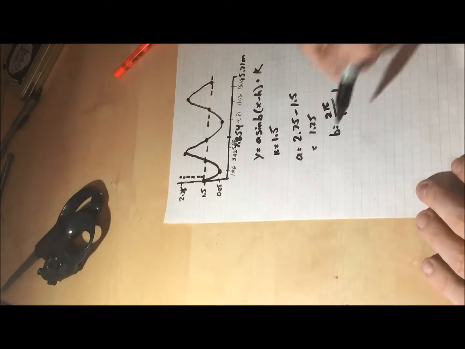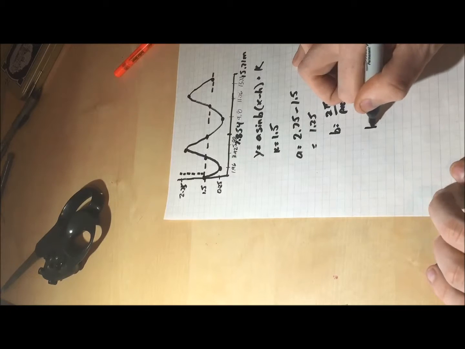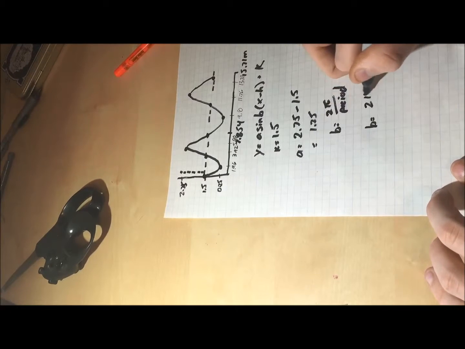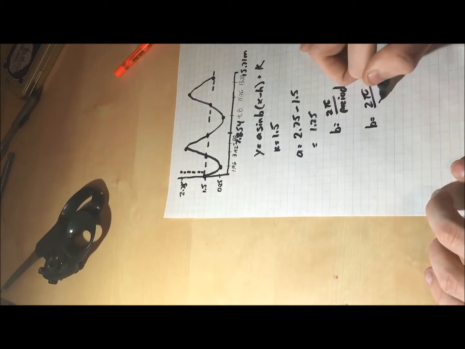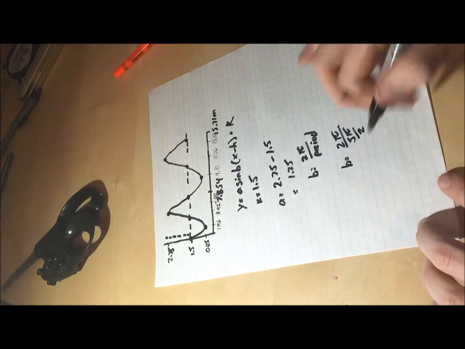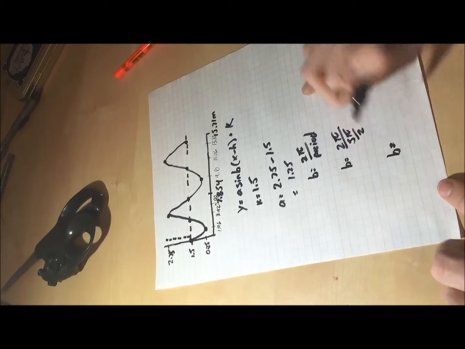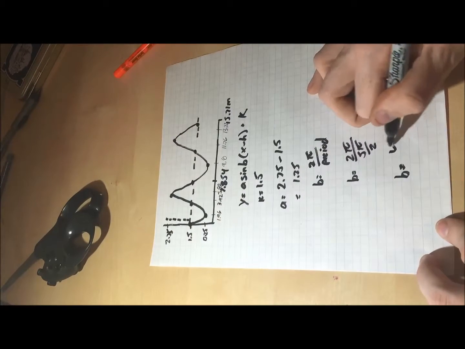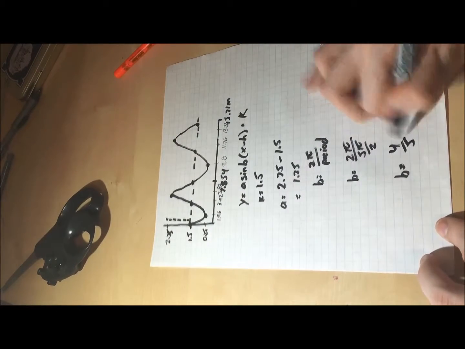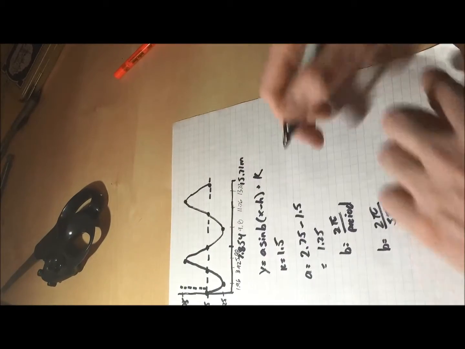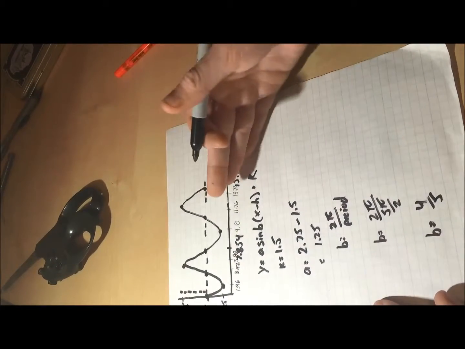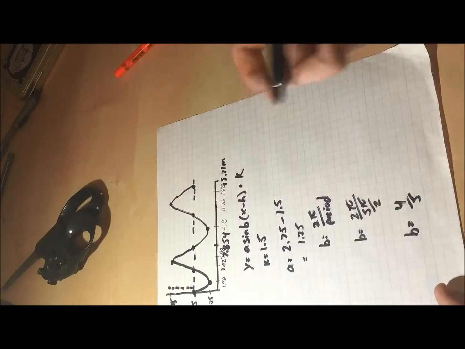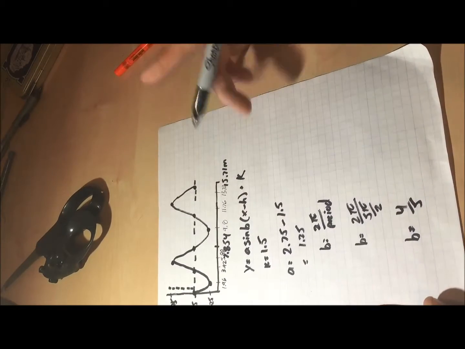And so we will use that to calculate our b value. So our b value will be 2 pi divided by 5 pi over 2, and what this gives us is b equals 4 over 5. And there we go.